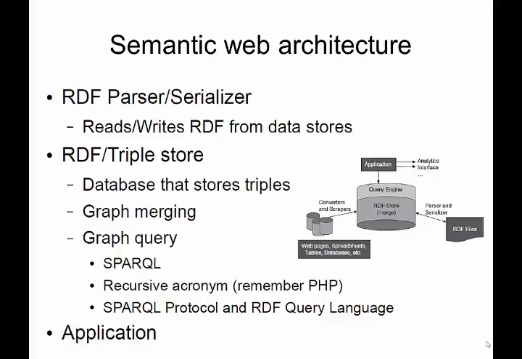You need to query the graph. How do you query the graph? Well, there's a language called SPARQL. SPARQL is the query language of the semantic web. And SPARQL is an example of a recursive acronym, because it stands for SPARQL Protocol and RDF Query Language.